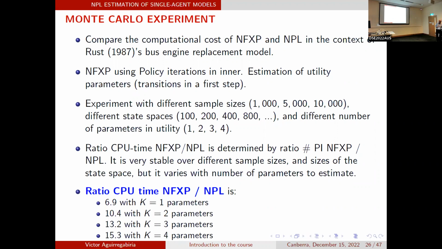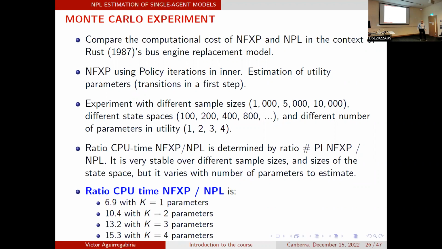We didn't do the Monte Carlo to be sure that our asymptotic or theoretical results were correct, because that in fact was almost our starting point in this project, to see that we were getting the same results.